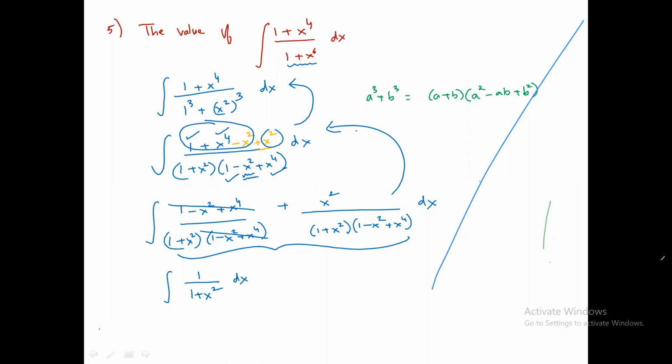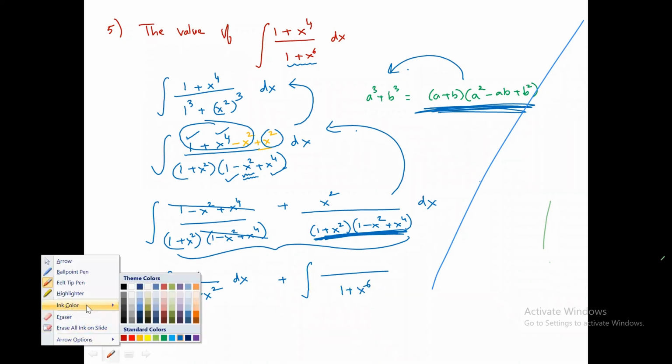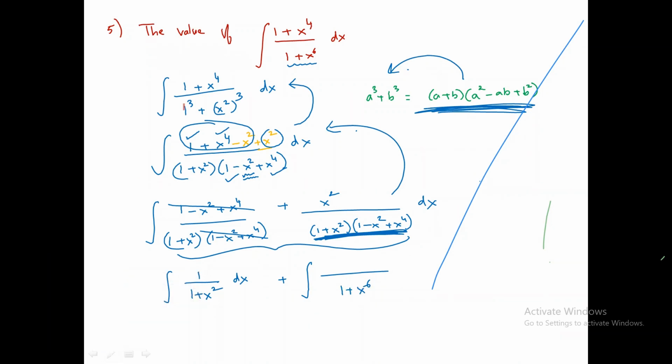Whereas for the second fraction, I can make it easy if I combine these two terms again, this formula reverse way, that is writing a cube plus b cube again. So see, how did I use the formula and separate it?